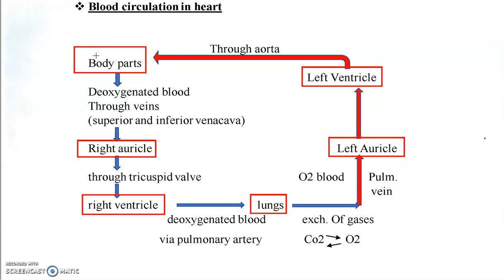With that, our body cells again generate carbon dioxide, and again the deoxygenated blood starts, and the whole process continues. This is how the whole cycle goes on.